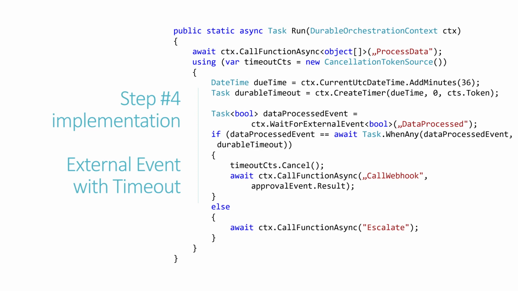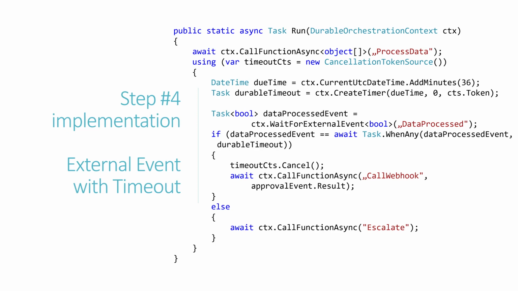And we await for the first one. If there was a timeout, we'll escalate. If the data has been processed, meaning that an external event happened, we will continue. What this allows us is to send a message down the queue to the second AKS and put the durable functions to sleep.